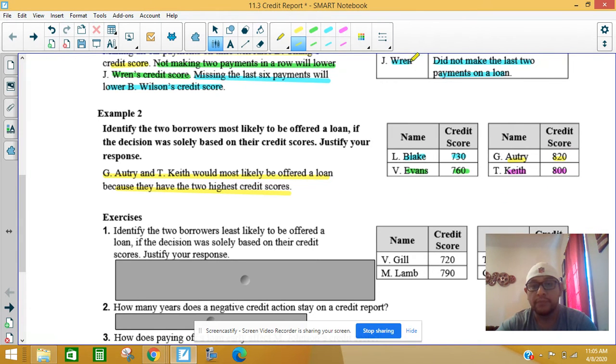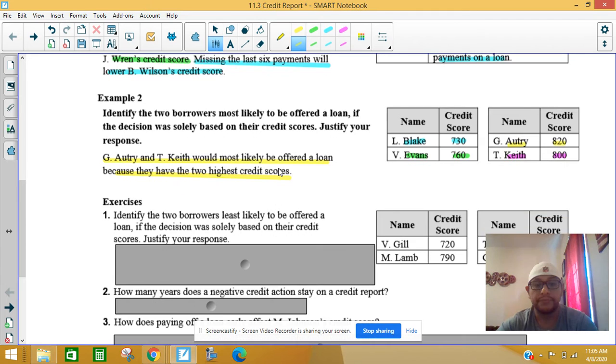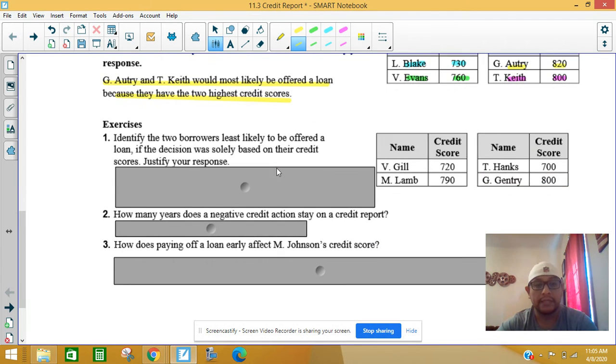These two have the highest scores, in the 800s, and these are in the 700s. So if these four apply at the same time, these two are more likely to get the loan than the other two. So we're going to continue practicing.